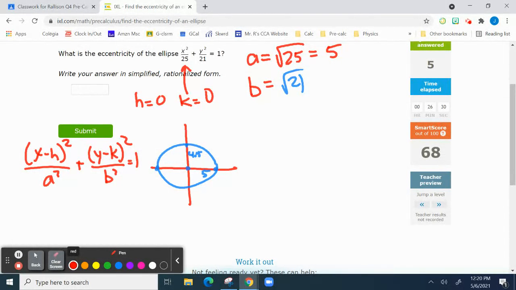We know, looking at this, that our C is going to be this distance right there. So we can use the exact same formula we have been using because A is the hypotenuse of this triangle. So A is 5 and B is the square root of 21.